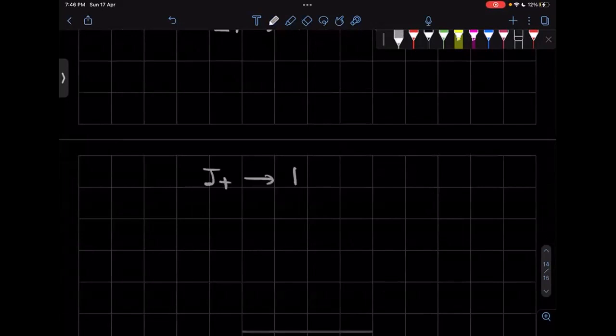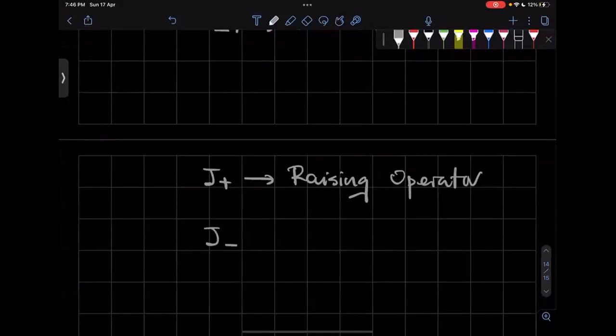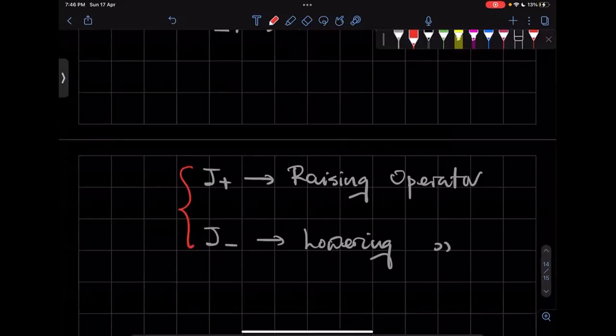It's called the raising operator, and J minus is called the lowering operator. In mathematics, their names are reversed, but mathematicians are weird. And together they're called ladder operators.